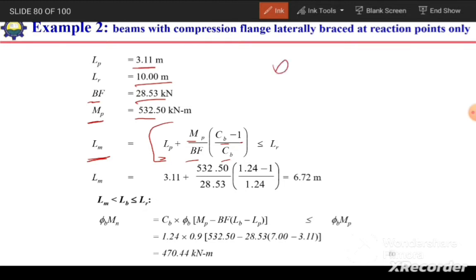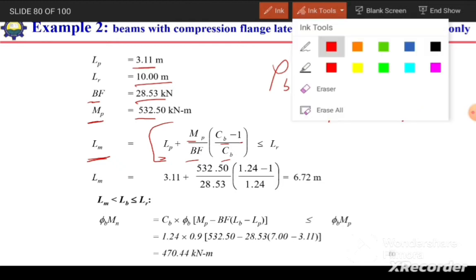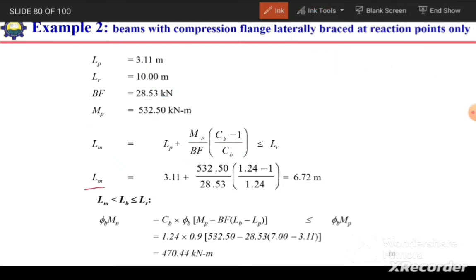In the table the value is given as phi b MP, and if we want to calculate MP, we take that phi b MP value, for example X, and divide X by phi b, so it comes out to be 532.5 kilonewton meter. So by substituting these values, LM will become 6.72 meter.